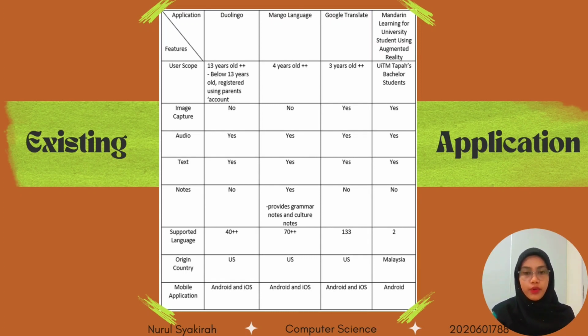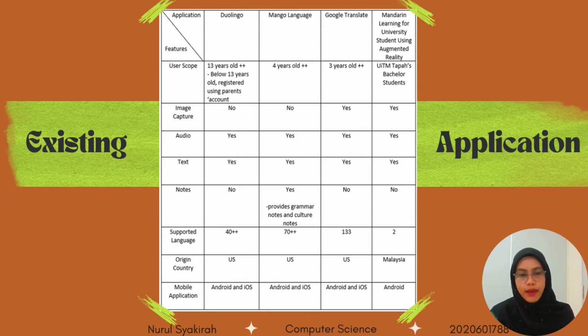So for the supported languages, the three other applications have more than 40 languages. And the Mandarin learning application using augmented reality only has two languages, which are Mandarin and Malay. The origin of the three applications is the US, the United States, and the Mandarin learning app for university students using augmented reality will be developed in Malaysia.